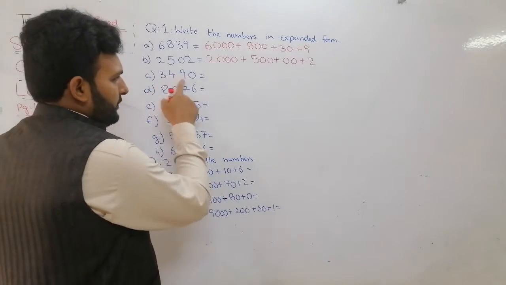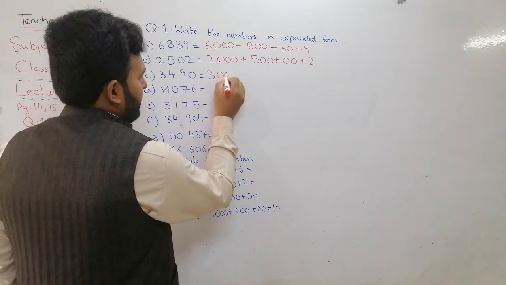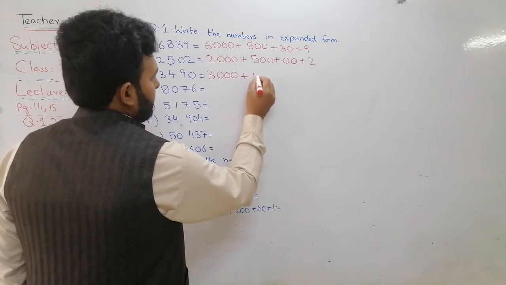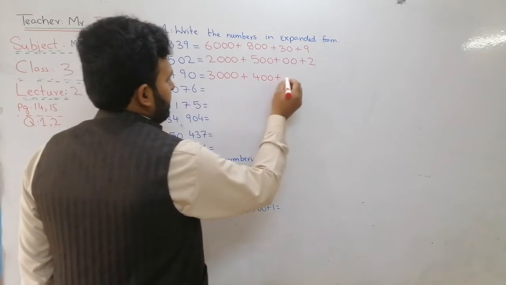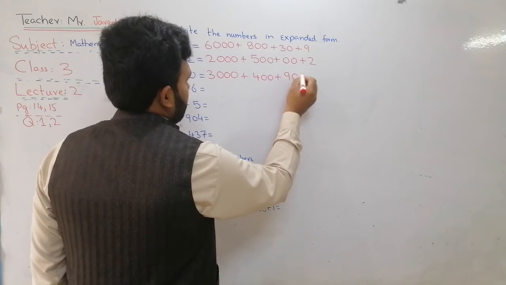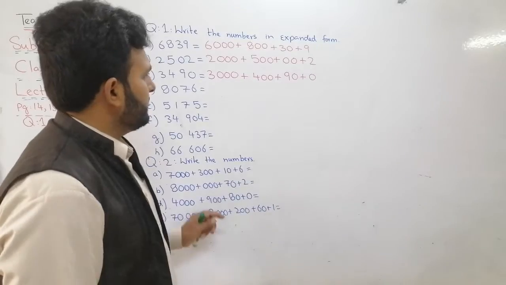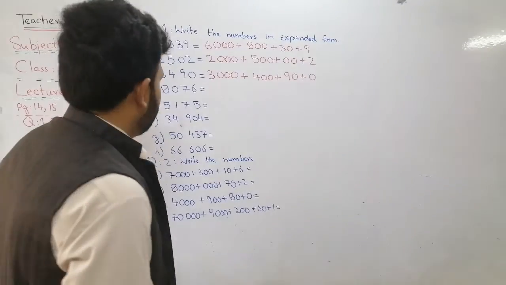Here 3,000, so we will write here 3,000, 400. Like this, and after that 90 plus 0. Clear all of you students? At the end, one digit is 0, so we write 0.